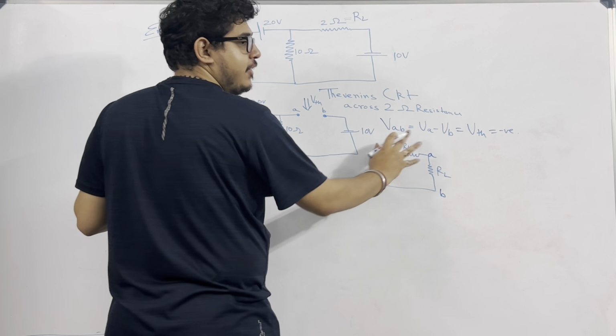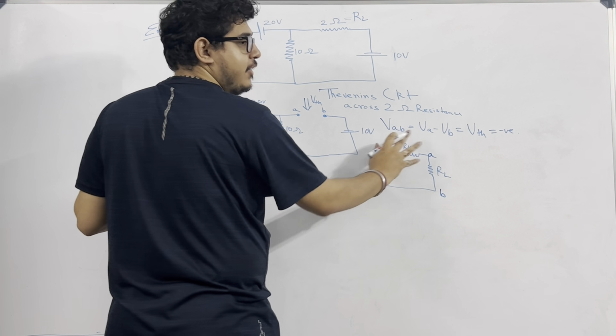When you go from A to B, you should encounter the negative first in this voltage. And suppose it's positive, then you put the battery like this in the final circuit. So before solving the question, I am telling you about the signs and how to deal with and follow the signs.